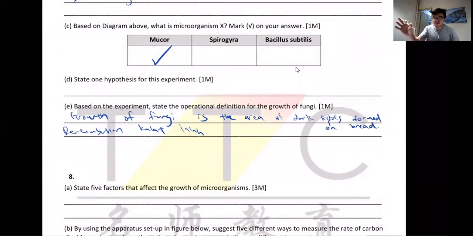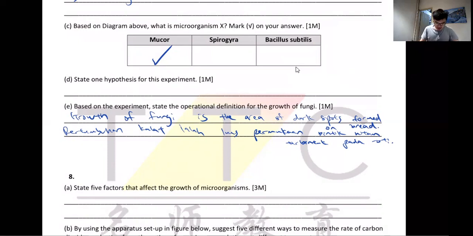The more growth, the bigger the area. Pertumbuhan kulat ialah luas permukaan bintik hitam pada roti. So it's represented by the dark spot. Again, an operational definition should be about observation, about what you see.